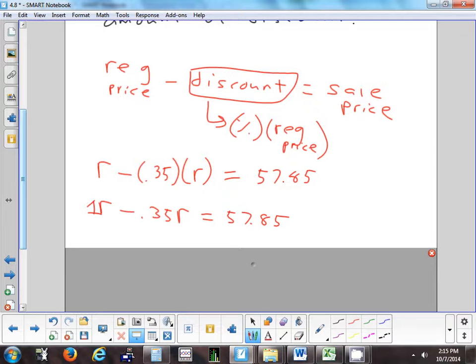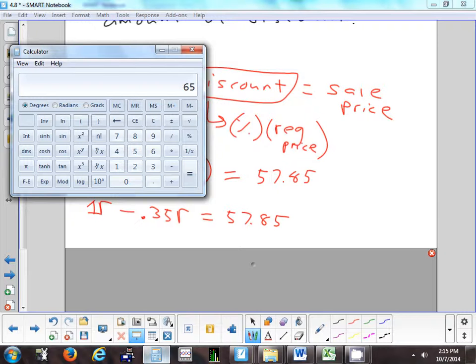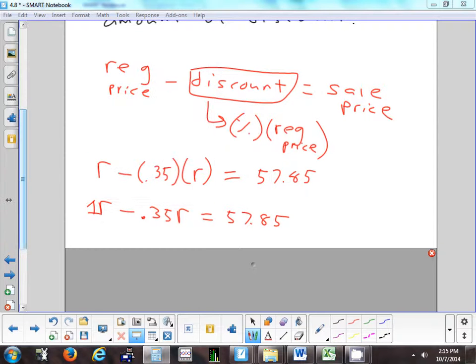Combine like terms. 1R and negative 0.35R. So 1 minus 0.35 is 0.65. What should be next to that? R. Good. So 0.65R equals 57.85.